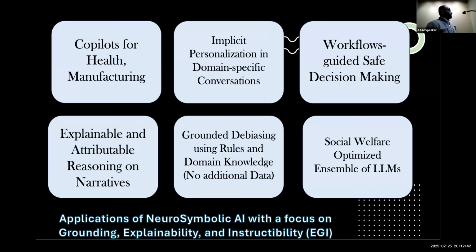The second is a recent work on implicit personalization with neurosymbolic AI design, which essentially discusses how personalization approaches in LLMs can be made more implicit as opposed to explicitly personalizing the content. Right. And subsequently, we have works on workflows. There's a set of work on attributable reasoning, which we will cover eventually.